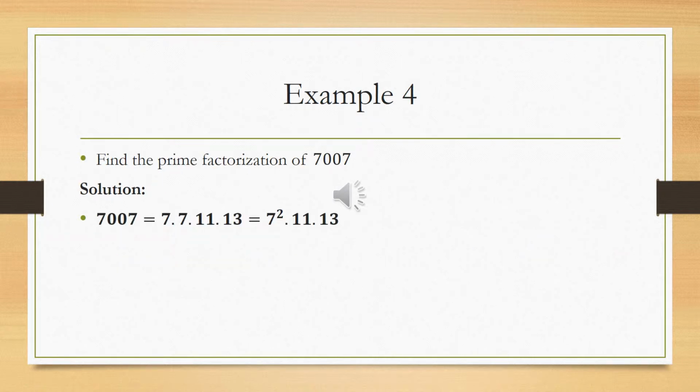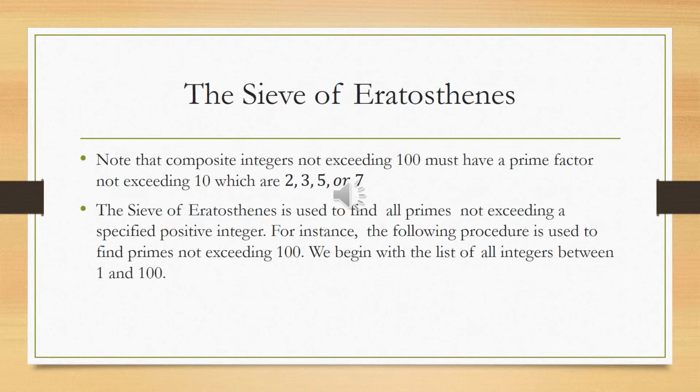Example 4. Find the prime factorization of 7007. Solution. 7007 is equal to 7 raised to the power of 2 times 11 times 13. The sieve of Eratosthenes. This is a method of finding prime numbers.